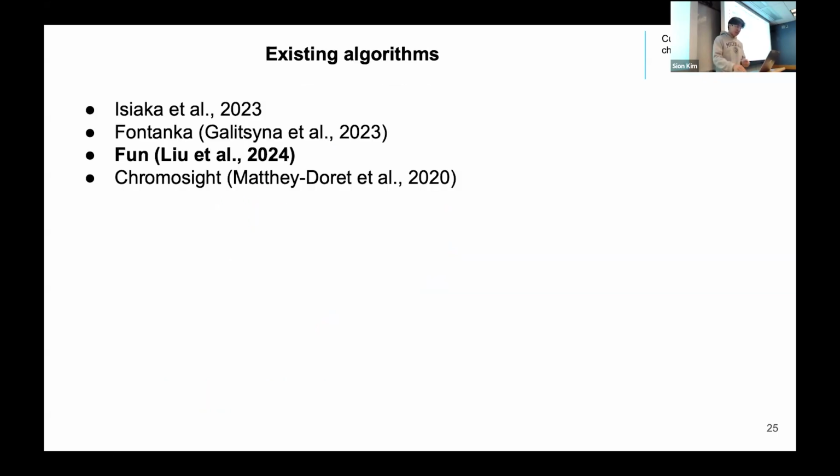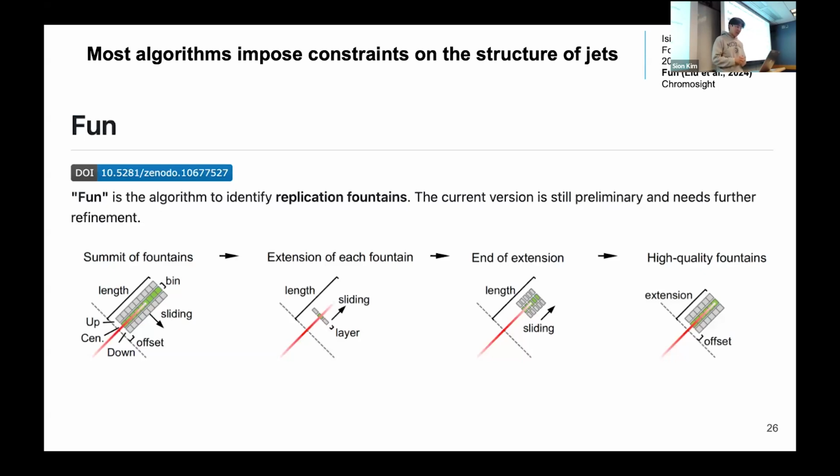This is the third algorithm, and I don't have to go into detail here, but you can see that we have some assumptions about the jet. It protrudes diagonally at 45 degrees. Maybe you have some leniency in the length and the width, but in cases of curvature, we can clearly see there are constraints imposed by the algorithm.